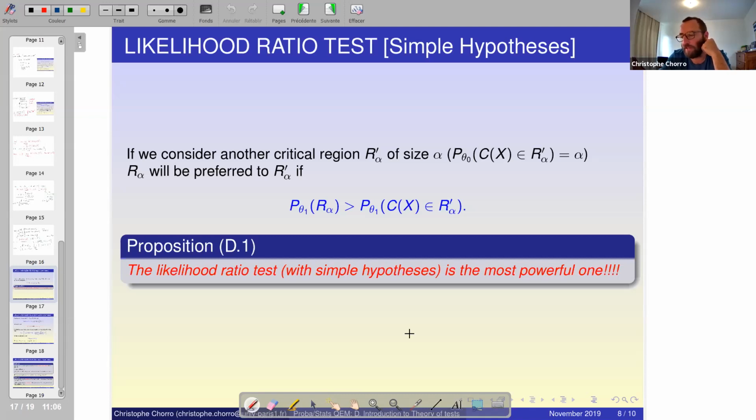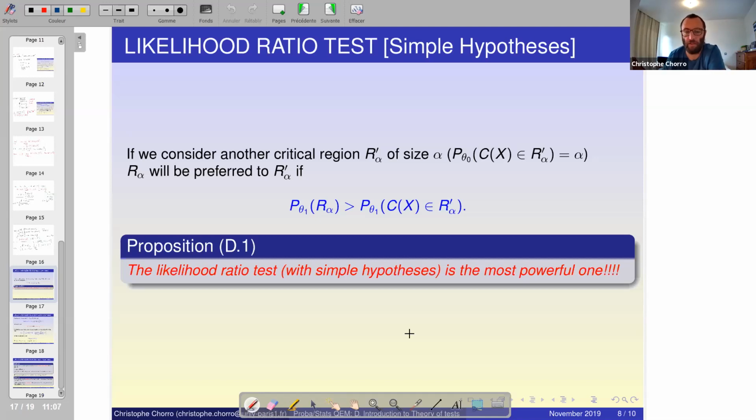So in my situation it is not necessary to know other ways to build tests, because the one I have presented here is the best you can obtain. Which means that in my case with the Gaussian, the best I can do is what I have done. I can't do better in the sense of this comparison. That is, for a fixed level, it will be the one with a power that is maximal.